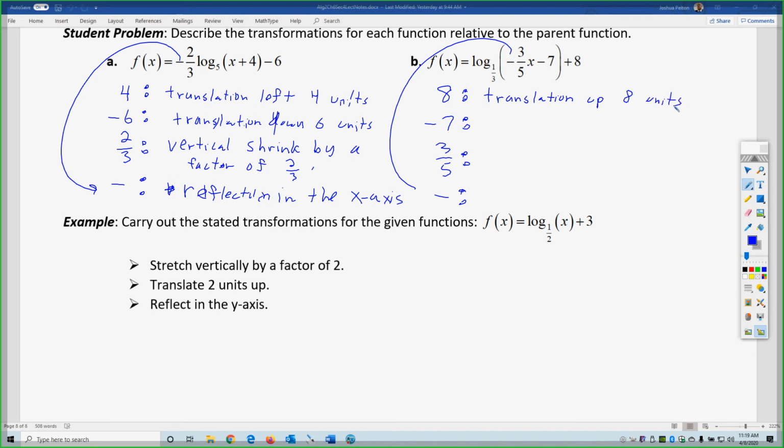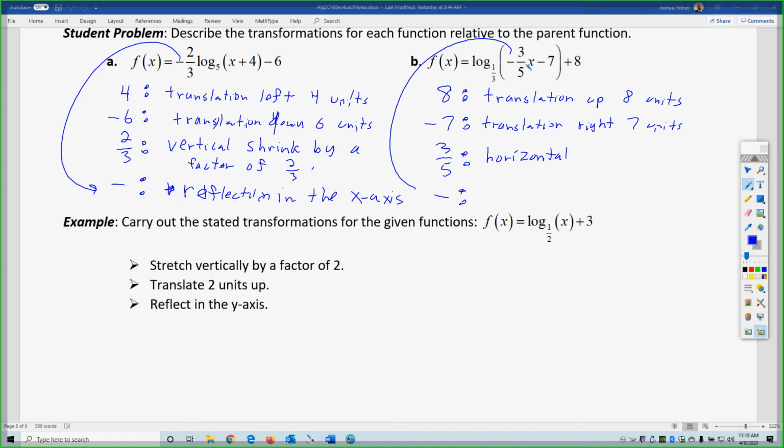And -7 is a translation right 7 units, because inside's counterintuitive. Inside's x, outside's y. 3/5 is on the inside, so it affects x, so it's a horizontal. So multiplying is a stretch or a shrink.